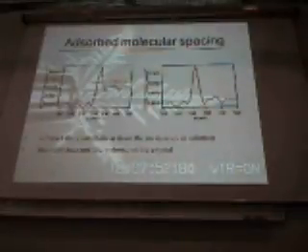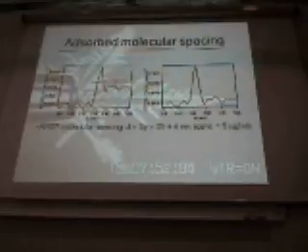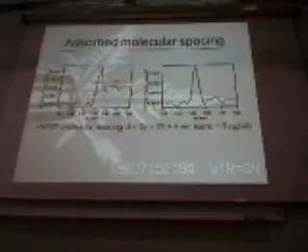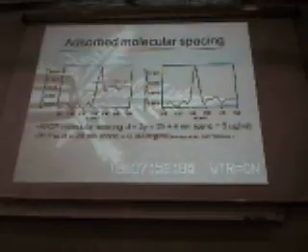I won't go into the details. So this is the result. In our case, molecular spacing is about 21 nanometers. This is very similar to your result, and for AFP3, this value is 20 nanometers.